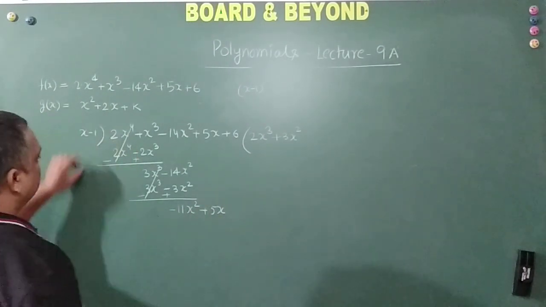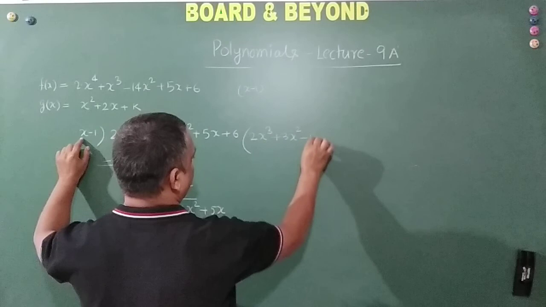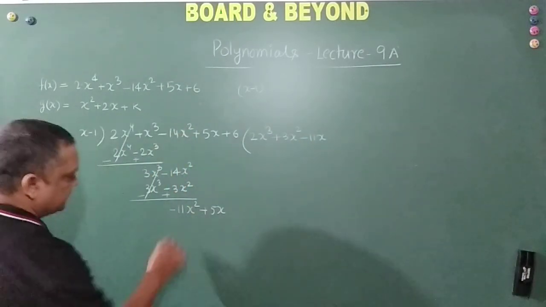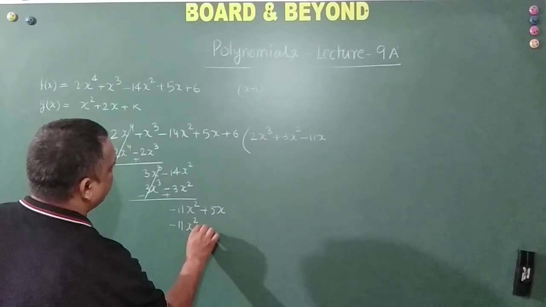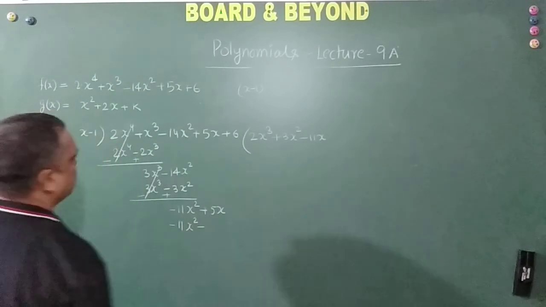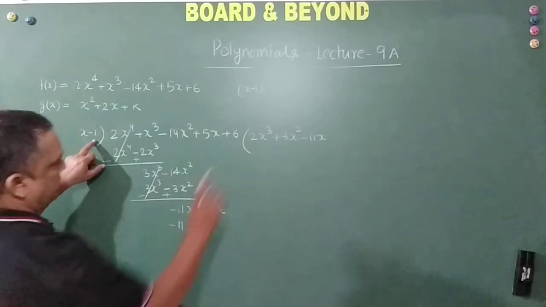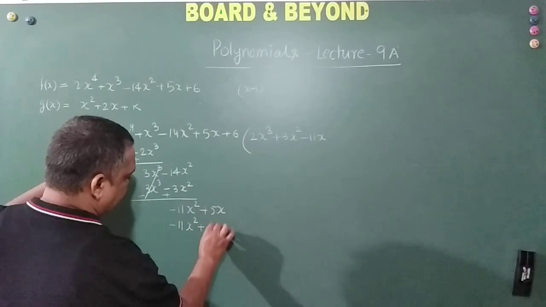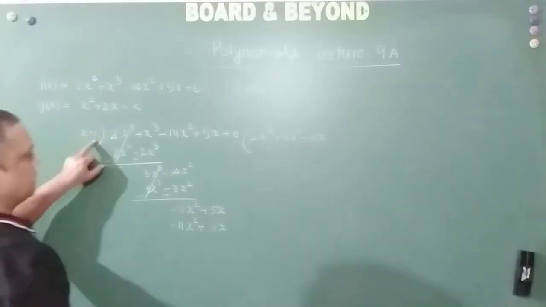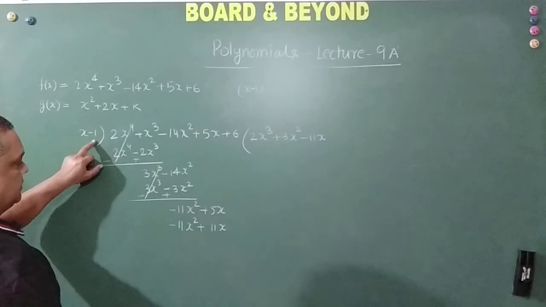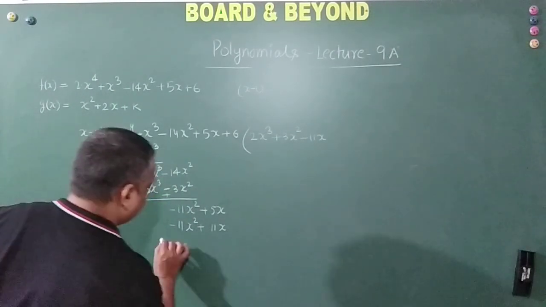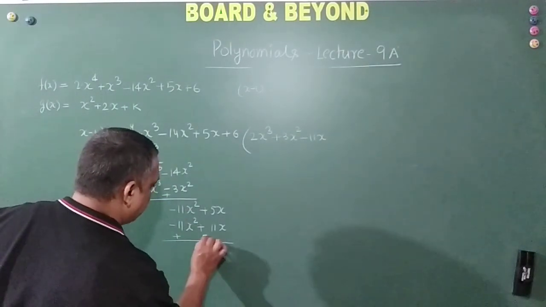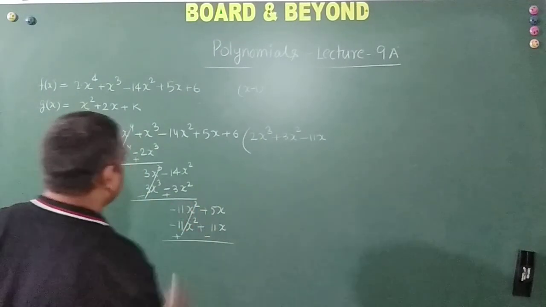Now minus 11x. So minus 11x square, minus into minus is plus 11x. Plus and minus, so this gets cancelled.